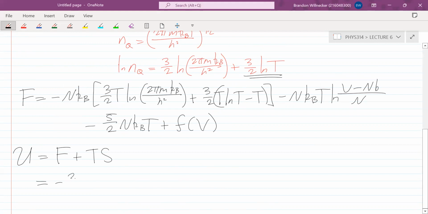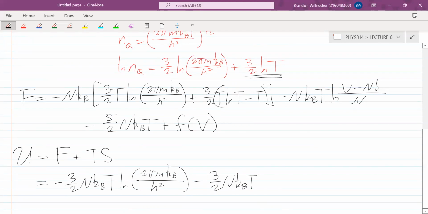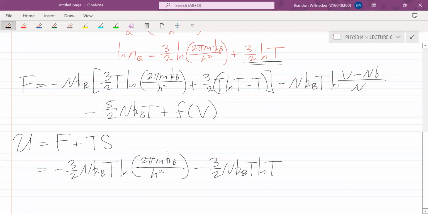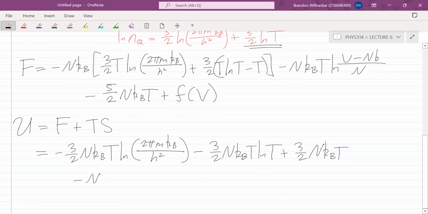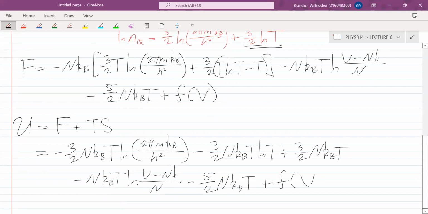So that's going to be minus 3 over 2 NkBT natural log of 2 pi m kB over h squared, minus 3 over 2 NkBT natural log of T, plus 3 over 2 NkBT, minus NkBT the natural log of V minus Nb over N, minus 5 over 2 NkBT, plus our function F of V. We still don't know what that is. Okay, so that's the free energy part.